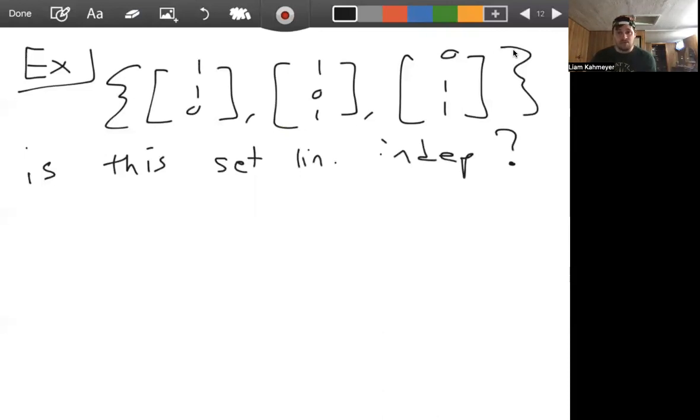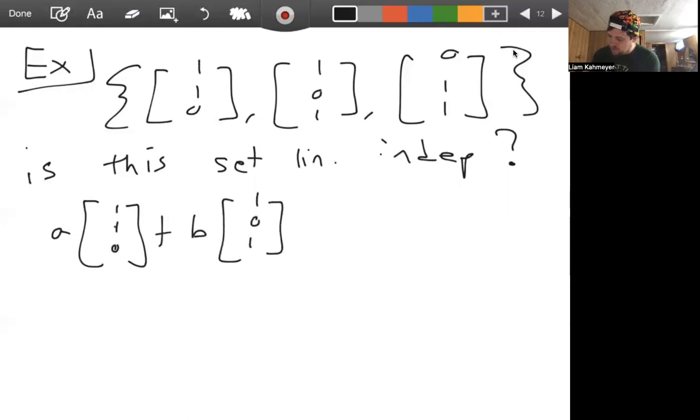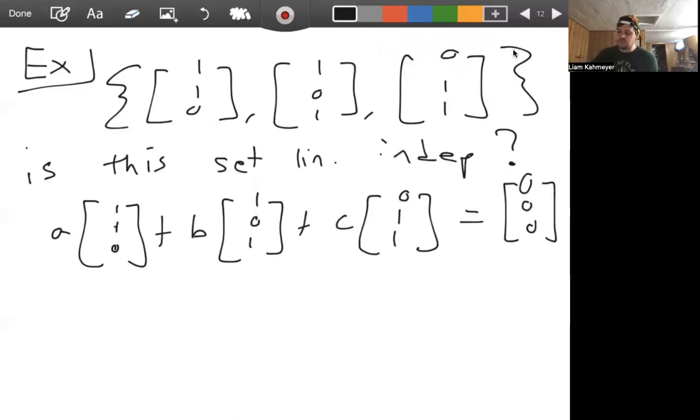We have to ask ourselves the following question: is A times (1, 1, 0) plus B times (1, 0, 1) plus C times (0, 1, 1) equal to 0? To be proper, this would be equal to (0, 0, 0). Are the only solutions to this system the solution A, B, C equals 0?